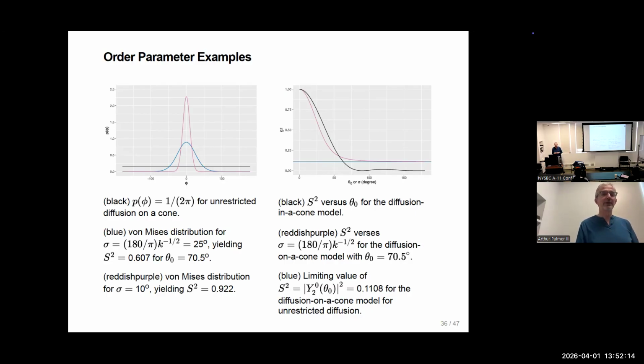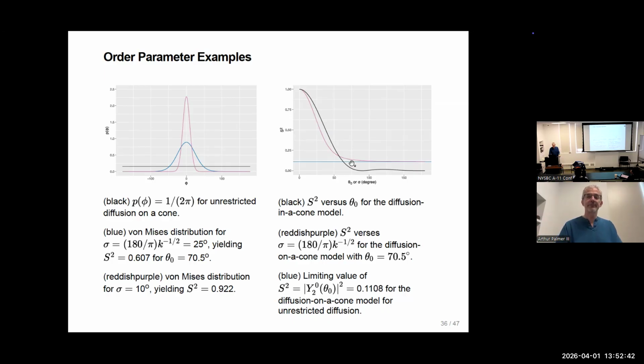The blue is restricted and the pink is even more restricted. Here I'm showing S squared as a function of how restricted we are. Obviously S squared goes down as the restriction lessens, so there's more sampling of angular space.